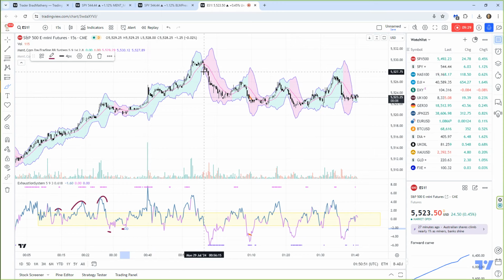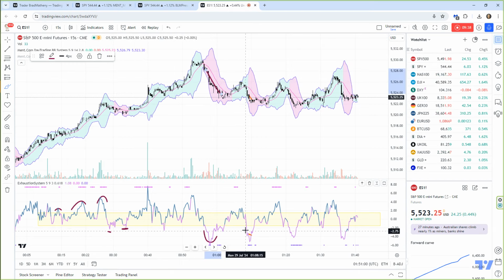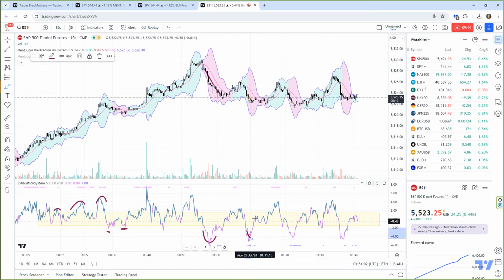So that's where we're at here. Breaking down below this chop area in a downtrend gives you a good, solid opportunity for a trade. Breaking below this area here in a downtrend gives you, again, a decent opportunity for a trade.